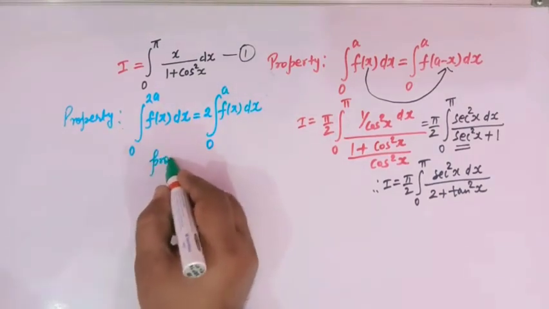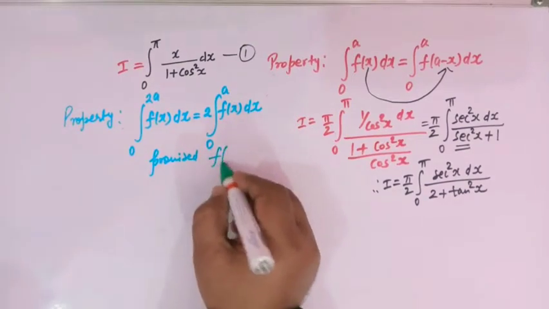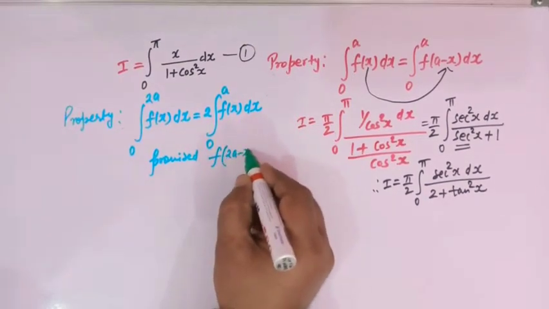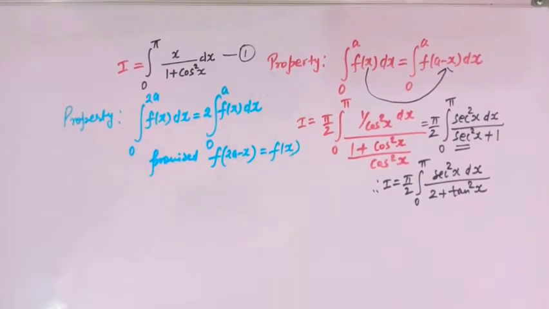But provided there should be one condition, and that condition is f of 2a minus x should be equal to f of x, right?